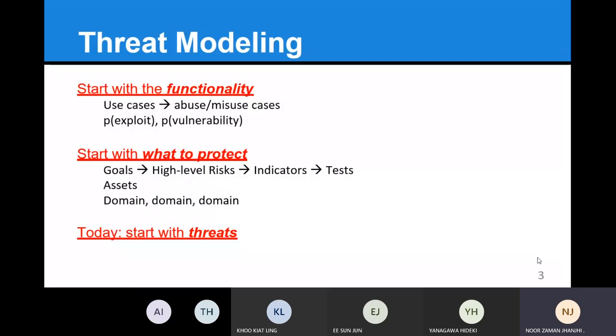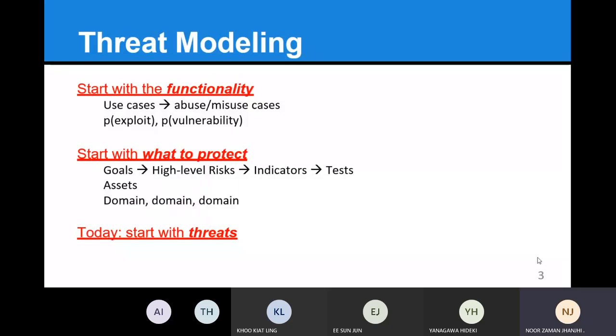Or we may have one threat model which jointly addresses the issues and threats at one level. This depends on the requirement. We cannot say that this is a hard and fast rule. That's why I'm explaining how you can understand before you start threat modeling.